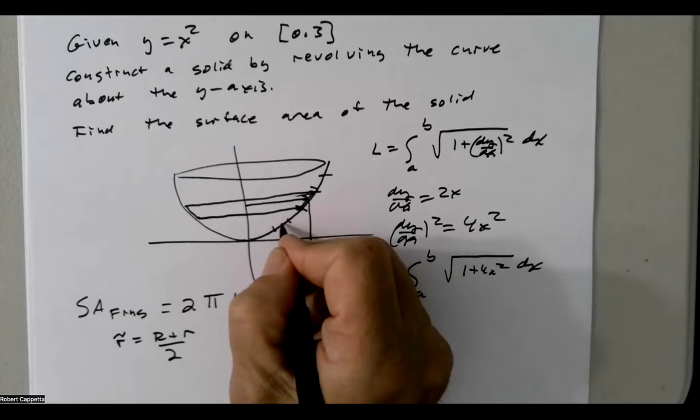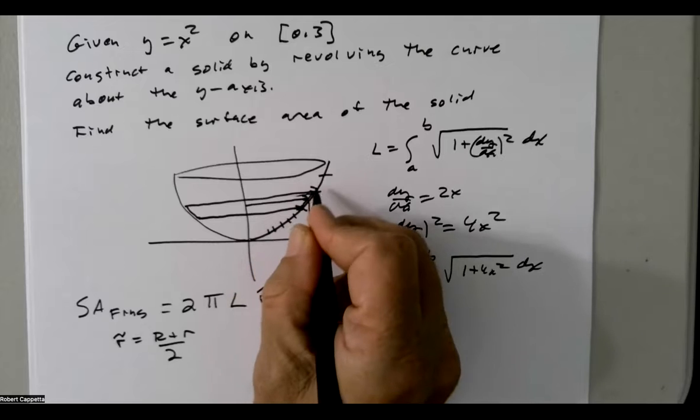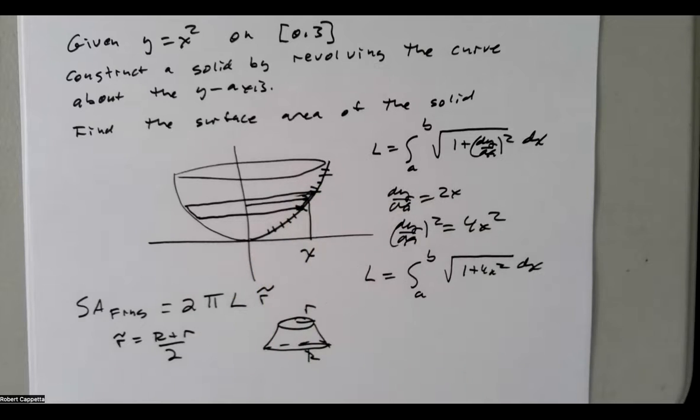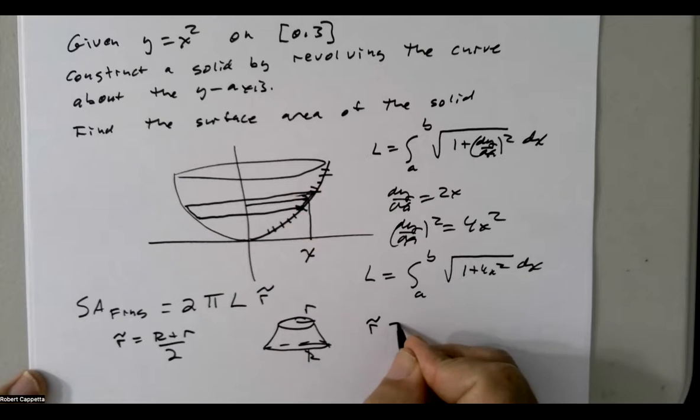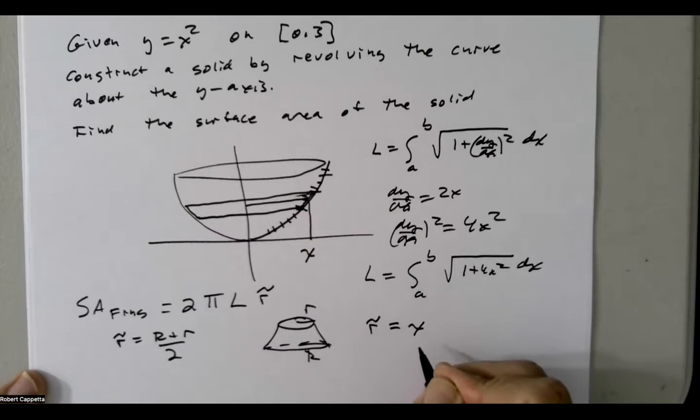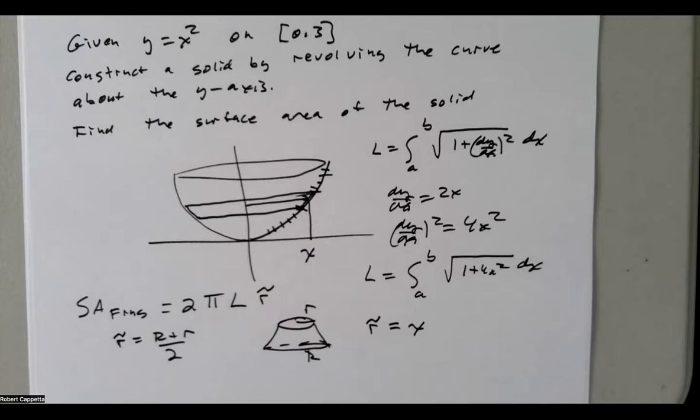And as we make smaller and smaller partitions, the big radius and the little radius are basically the same. So they're both basically going to be x. So in this case, my average radius is just x. So that's helpful for me.